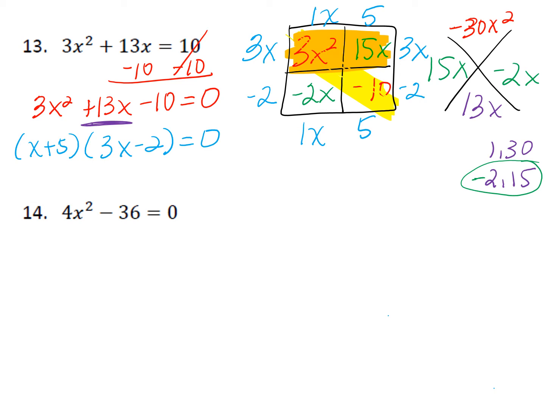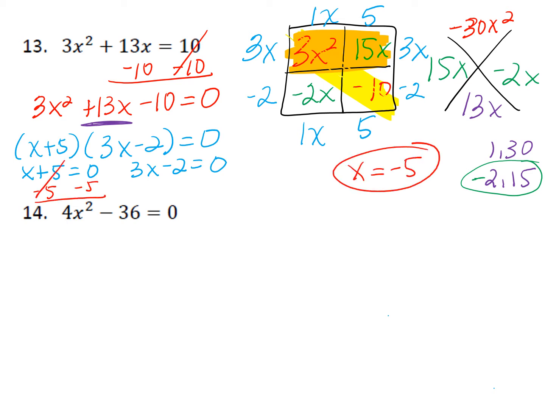Again, we're setting each of those equal to 0. I didn't leave myself enough room. And then we solve. So minus 5, minus 5. I'm going to come over here and write my answer. X equals negative 5 is one of my answers. I'll switch colors so you can hopefully follow along a little bit better. To solve the second one, we would need to add 2 to both sides.